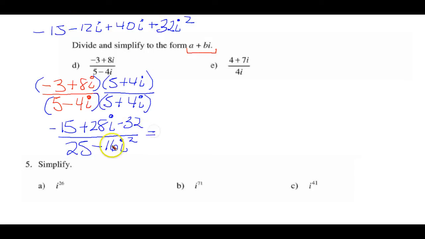Now, my denominator is going to be a negative 16i squared, but this becomes a negative 1 times a negative, which makes this a positive 16. So my denominator here is going to be a 41.